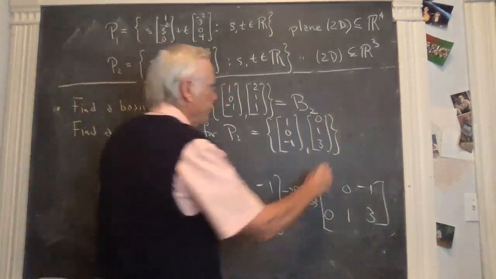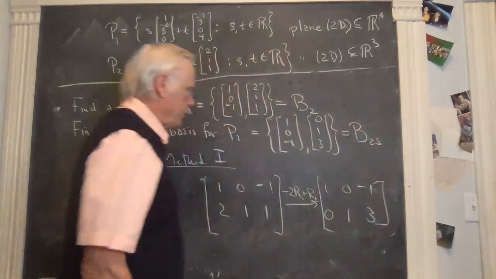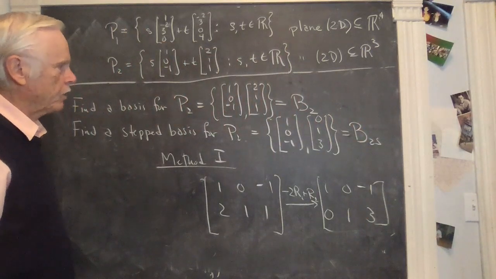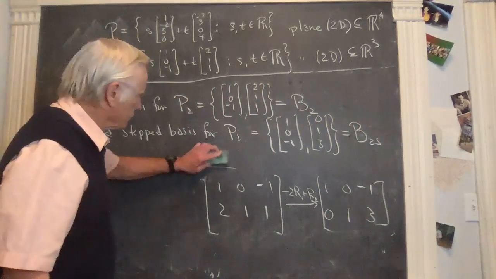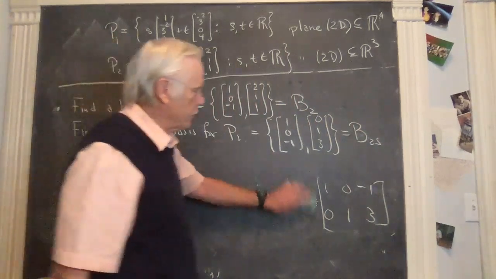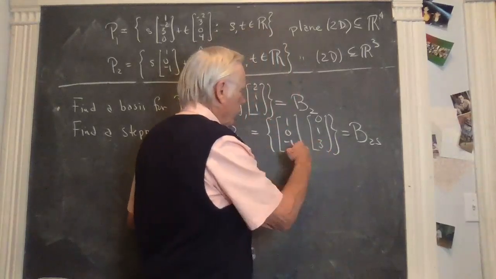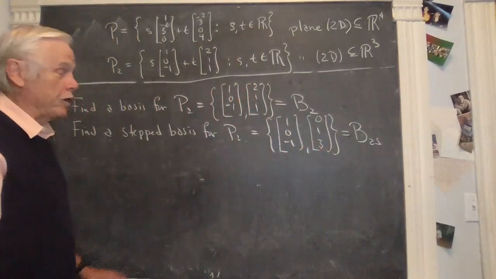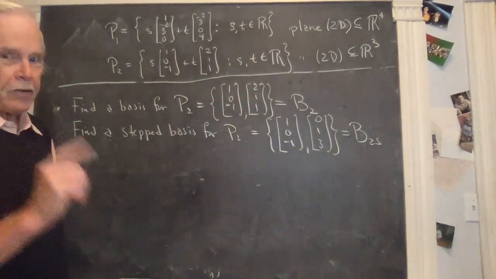And let's call this B2S, the stepped basis derived from basis B2. And finding a stepped basis is always this easy. You can always tell if a basis is a stepped basis by putting these in the rows of a matrix, first row, second row, and so on. And if the matrix is in reduced row echelon form, then it's a stepped basis.